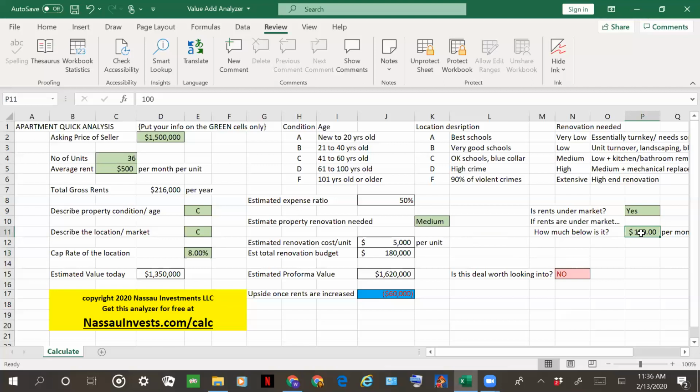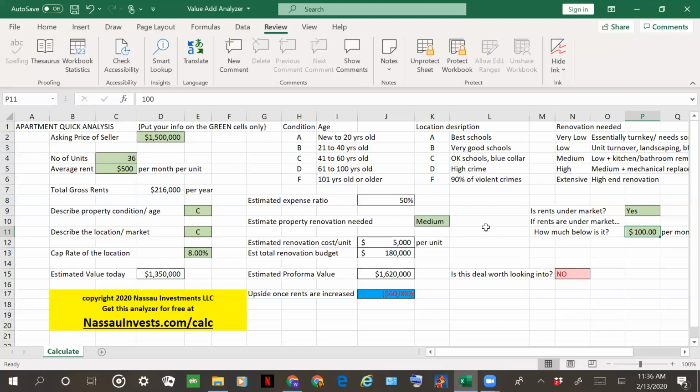So for example, for this particular building, say you're able to increase the rent by $100 per month per unit, but it took you 2 years to do that.